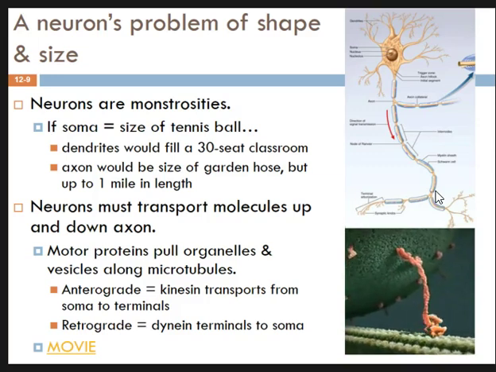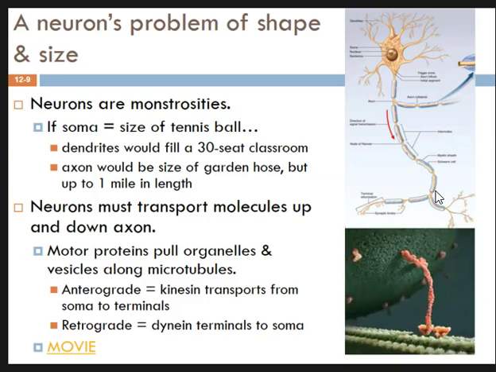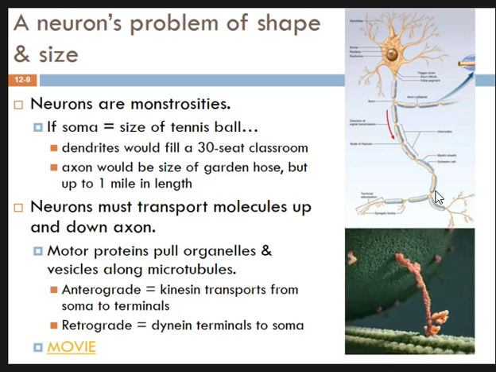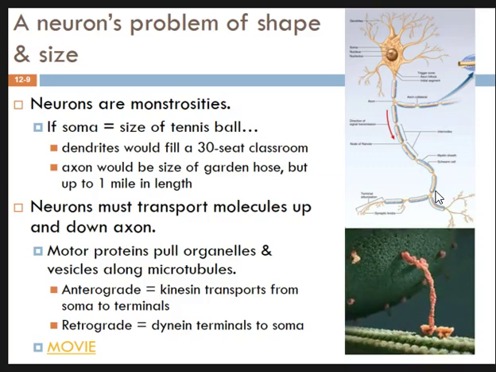If they're doing all their protein synthesis up here at the cell body, and then sending materials out to an axon that is an absurd distance away at a cellular level, they can't just rely on diffusion. Stuff needs to be literally pulled all the way from the cell body down to the axon terminals at the very end of the axon.